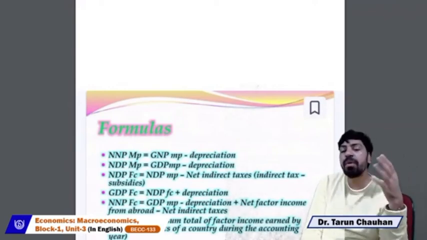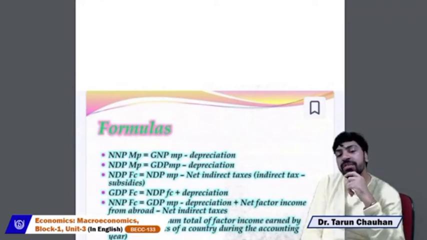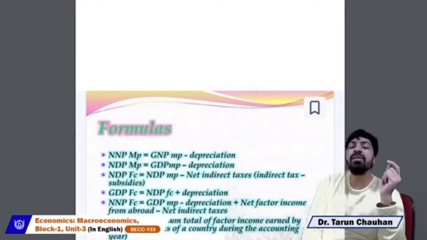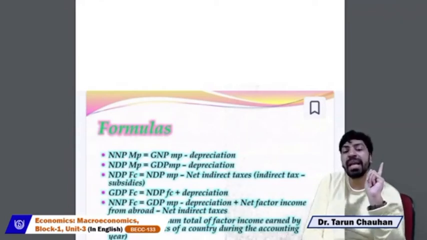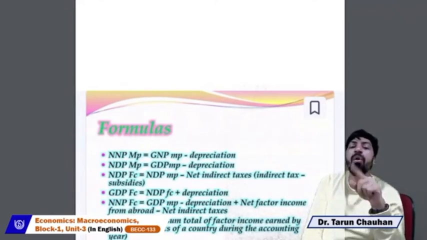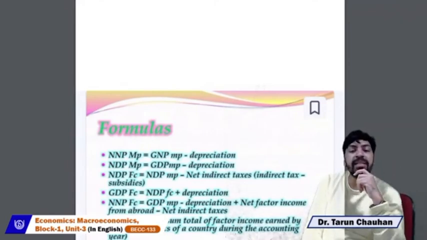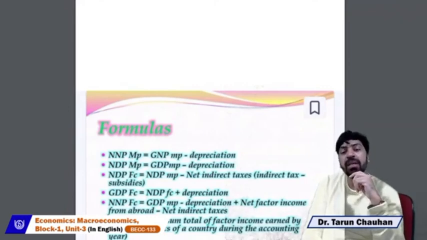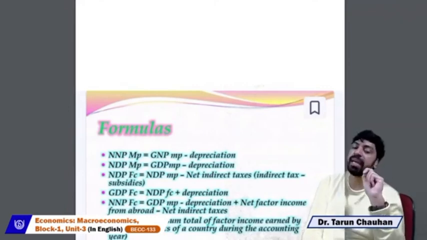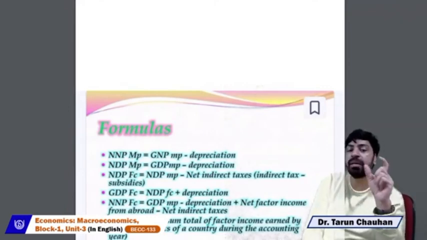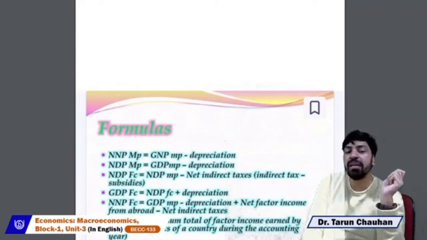What would be the formula? How has the depreciation been deducted? Because when you convert gross to net, that means depreciation is to be deducted. That's the main trick to estimate or formulate these formulas.